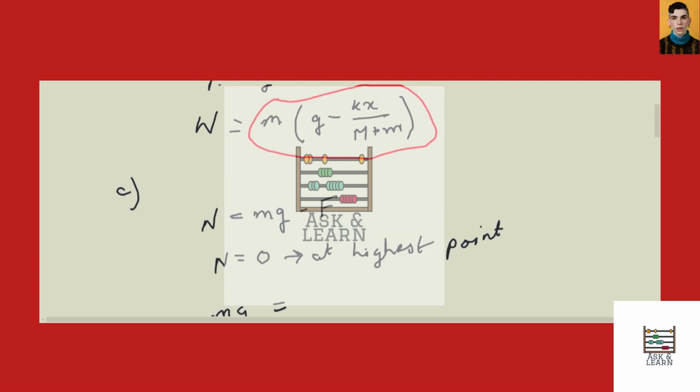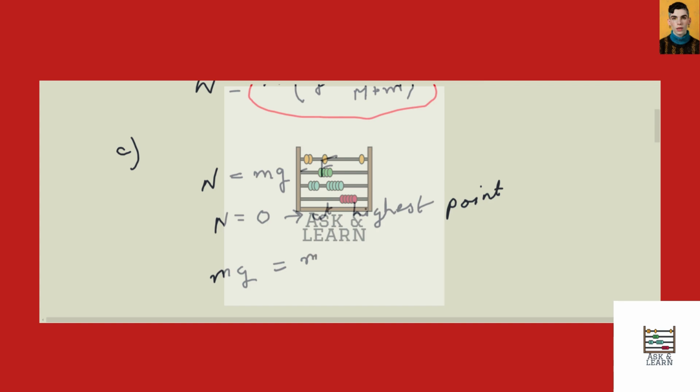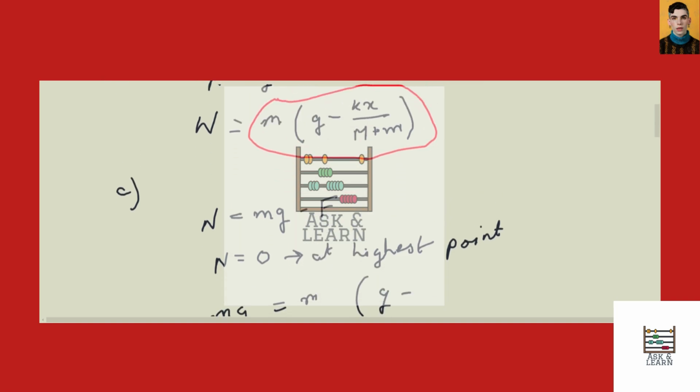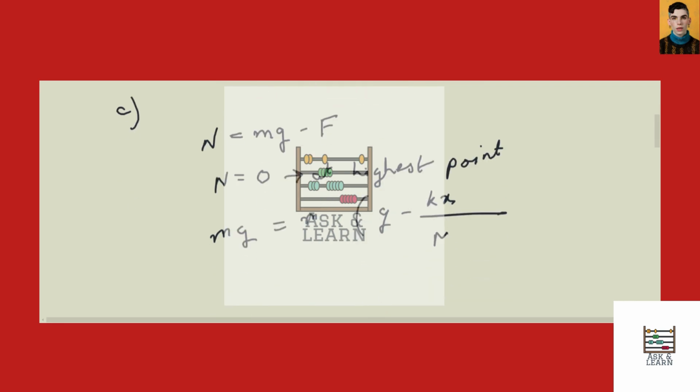So F we can write as mg, so g minus kx by capital M plus m.